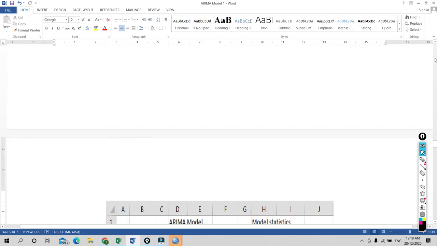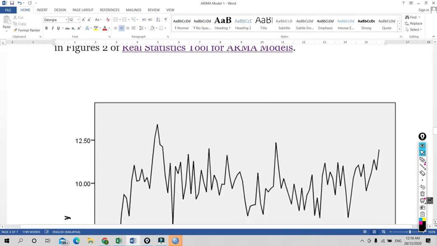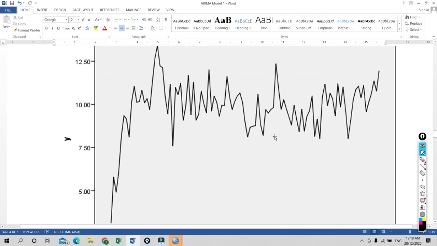By looking at this graph, at first we thought we should do differencing, but if you do not do differencing, the result is much better than with differencing. So we don't have to do differencing. That's why we choose ARIMA 201 instead of ARIMA 211.